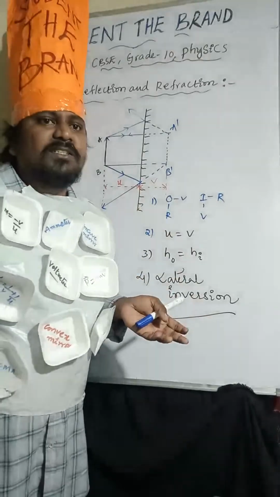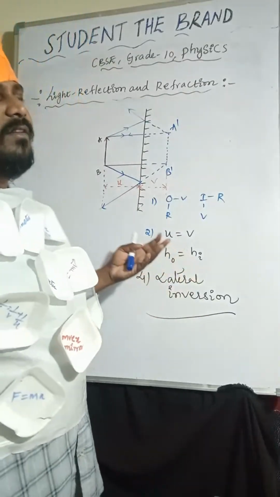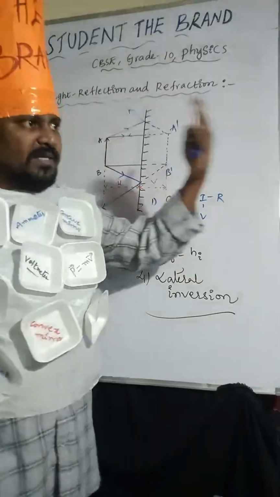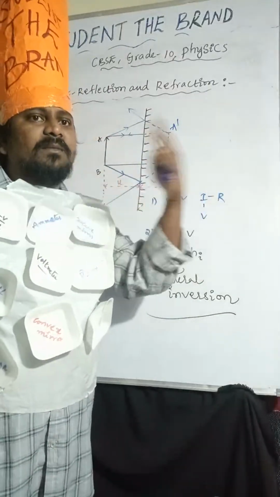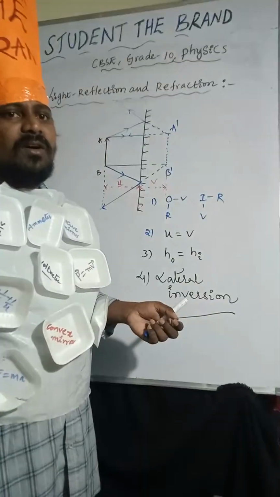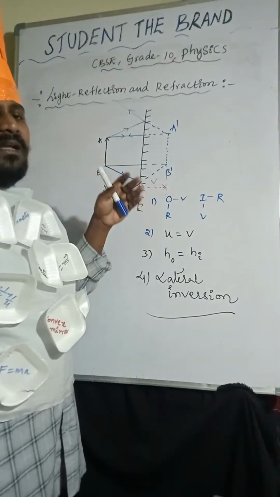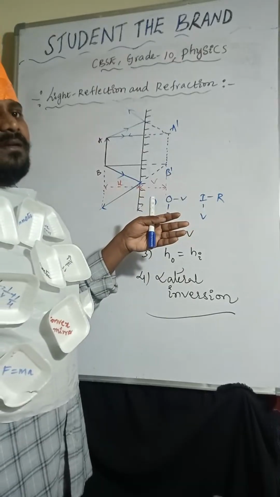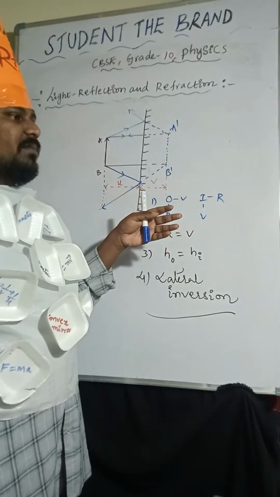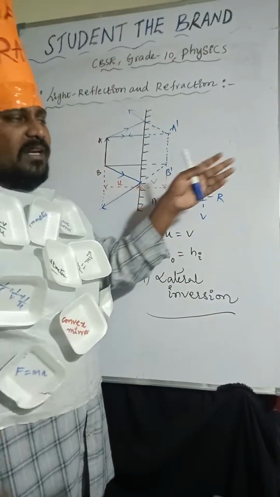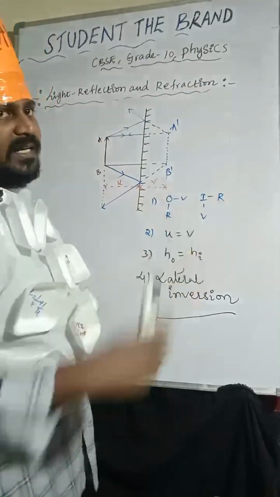What is lateral inversion? The phenomenon in which the right side of the object appears to be the left side of the image, or the left side of the object appears to be the right side of the image. So it is a mirror image. If you are standing in front of the mirror and looking at yourself, your right side appears to be the left side, or the left side appears to be the right side.